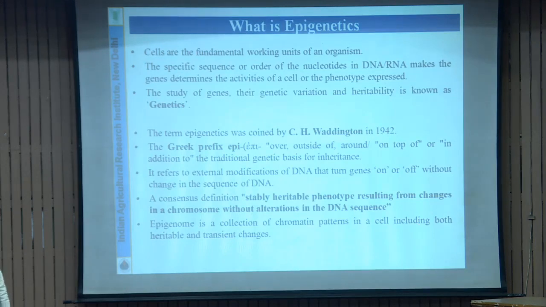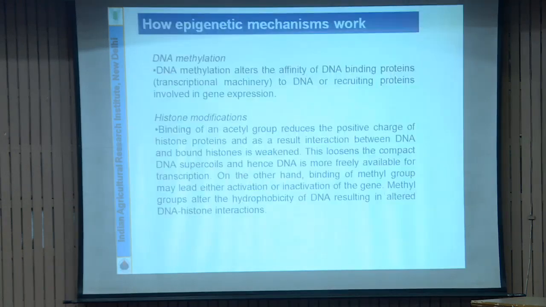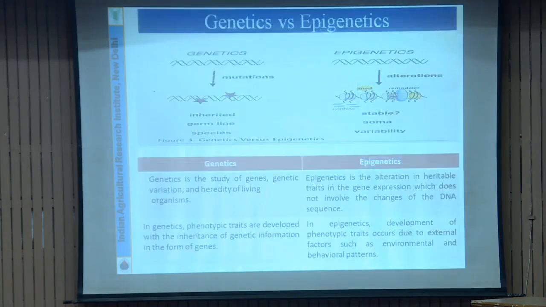as transient changes. Now the difference between genetic and epigenetic changes: genetic changes, we all know, happen because of a mutation or any change in the sequence of DNA. These changes are generally inherited by the next generation.